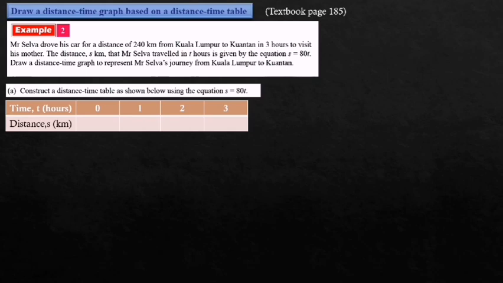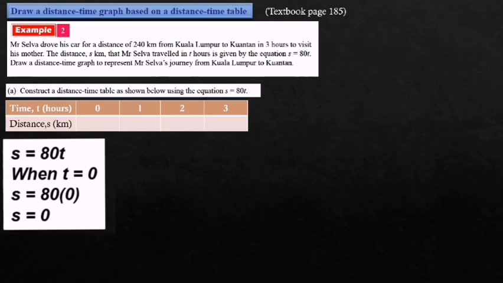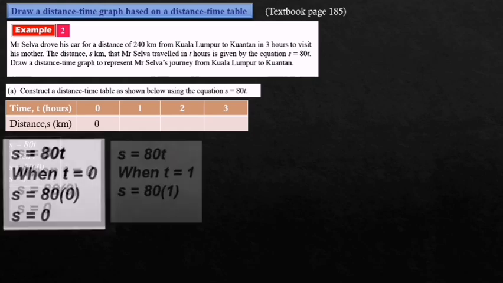For distance, the total distance is 240 km. So now the equation is S equal to 80t. When t equal to 0, S equal to 80 times 0. So S equal to 0. So you will fill in here.